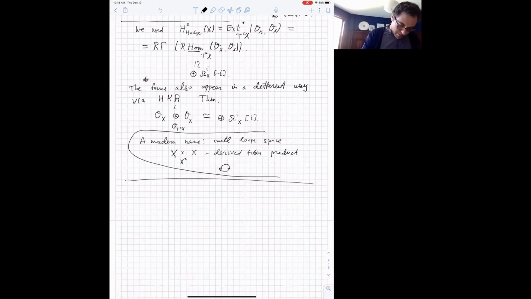We are interested in specific examples, X equal to G mod B, where G is a reductive algebraic group.